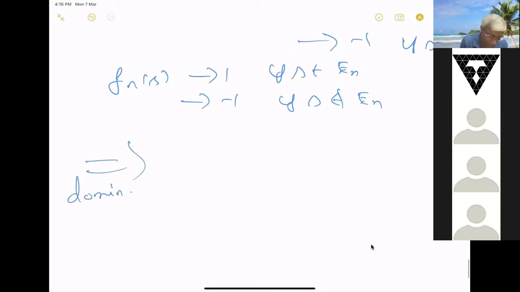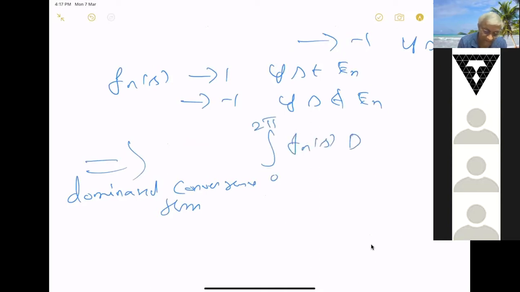Dominated convergence theorem. Integral 0 to 2 pi FNS DNS. Maybe I should use the capital N. I was using small n, but it doesn't matter here.